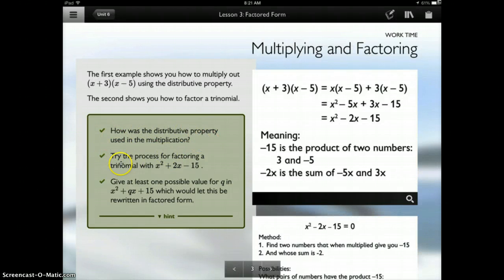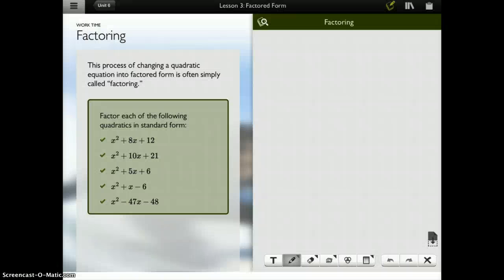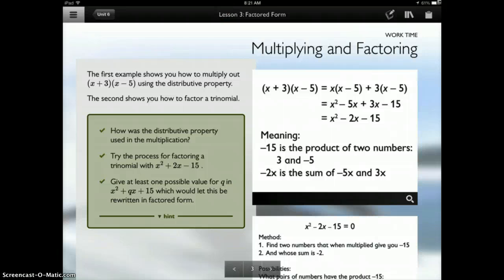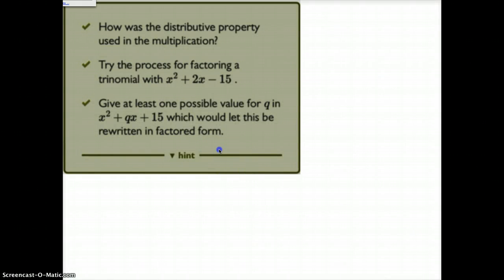It says, how was the distributive property used in this process? Try the process with factoring x squared plus 2x minus 15 and give at least one possible value for q, which is this q value right here in the middle, for this equation. Let's create our own screen for this question, and we'll answer these questions on another sheet.